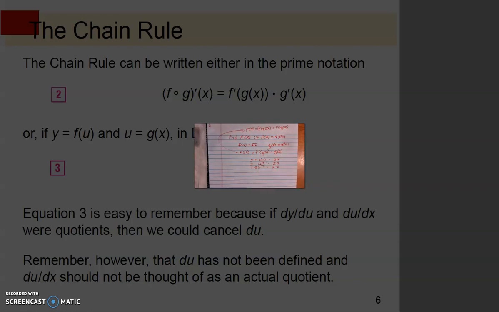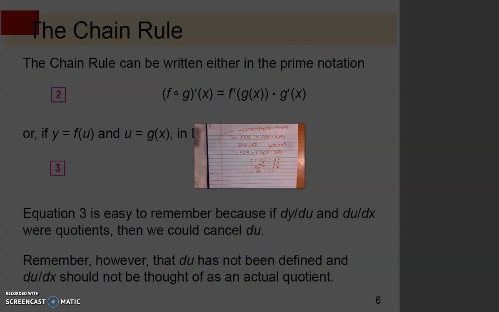So now, if we want to simplify this, since we have a negative exponent, we can take this and put it in the denominator, right? And what we're going to have here is 1 over 2 root u times 2x.